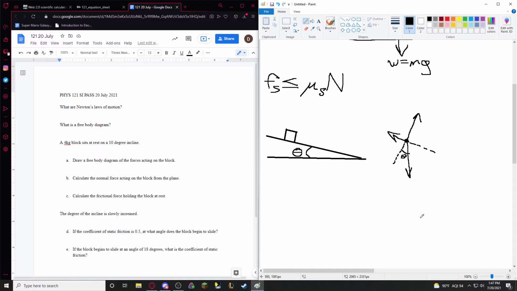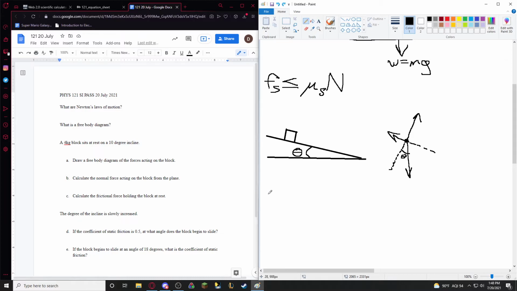Well, let's think of it this way. That's already our weight. We know that whatever our y prime component of the weight is, right here, it has to equal the normal force, because we have 0 net force. And then the x component has to be equal to the frictional force, because once again, 0 net force.